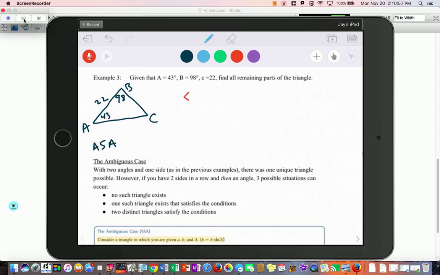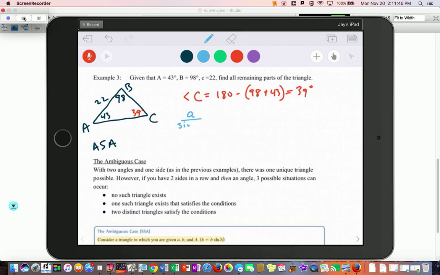Some students forget, but you need to find angle C first. So you're going to do 180 minus 98 plus 43. So doing that, I believe will give us 39 degrees. And then I can go ahead and find little a.